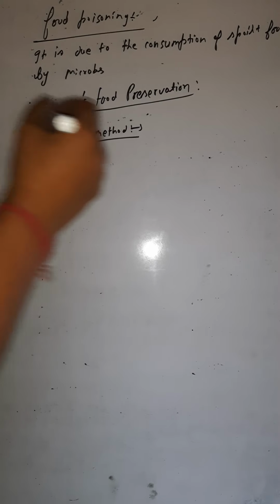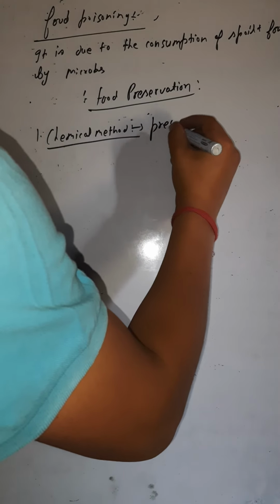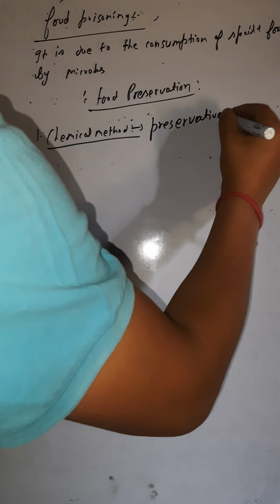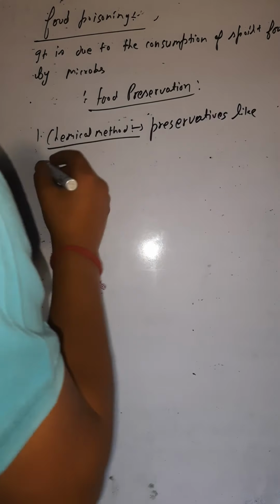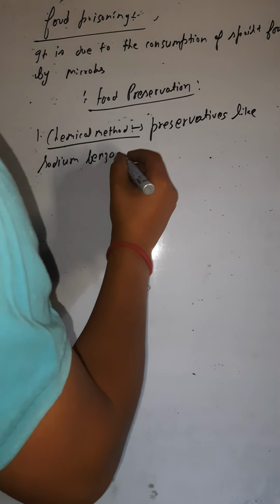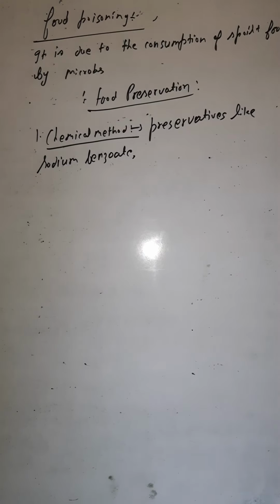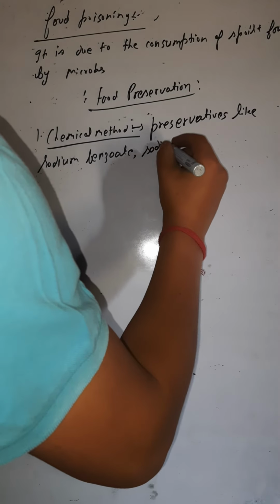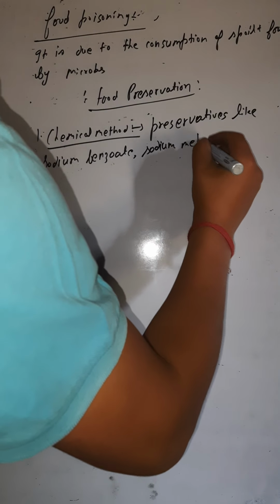So here you can write preservatives, like sodium benzoate, we are using it. And at the same time you have sodium metabisulfite.